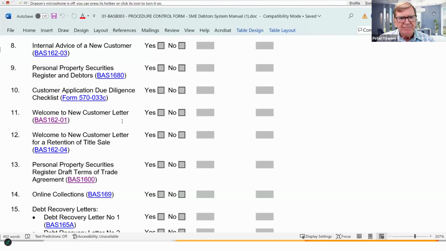there's follow-up 3 or 4 days prior to the due date for payment to remind that customer that a payment is fast approaching.